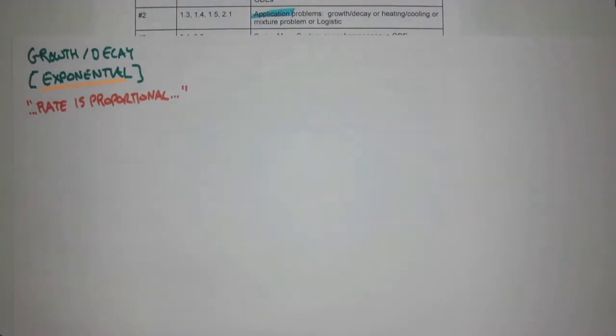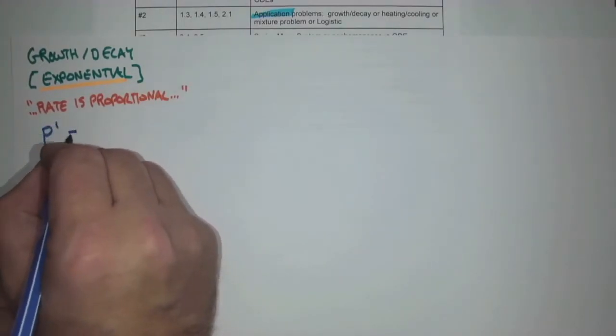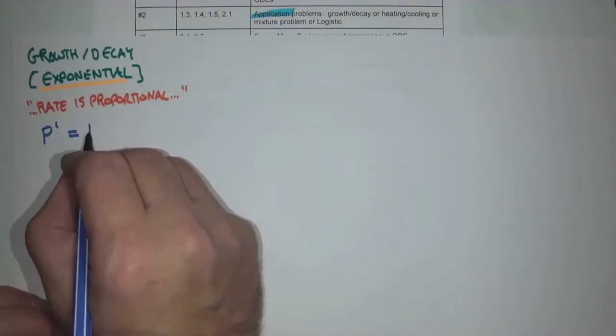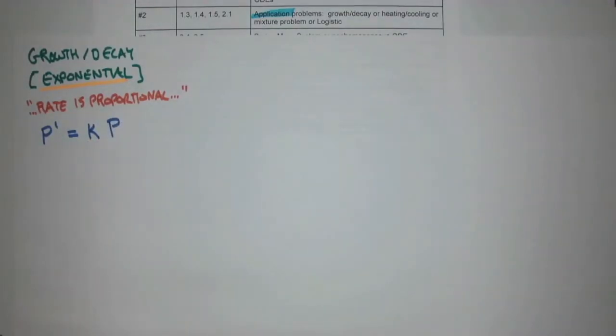Now when you think rate, what's that translate to in our language in differential equations? Derivative, yeah. And it's the universal words for equals: proportional, some constant, and then proportional to the current amount is the idea. So like the population is proportional to how many people are already in the population, or how many bacteria or whatever it is you're modeling.